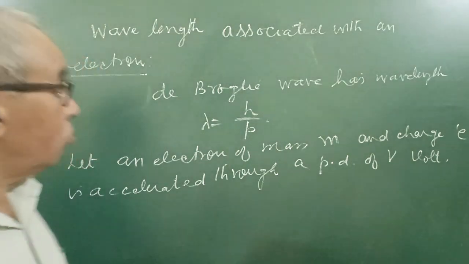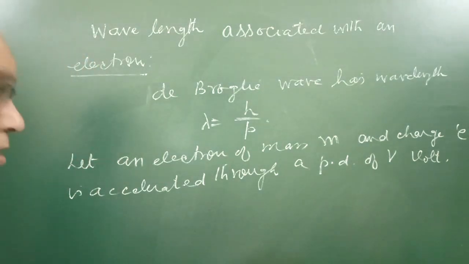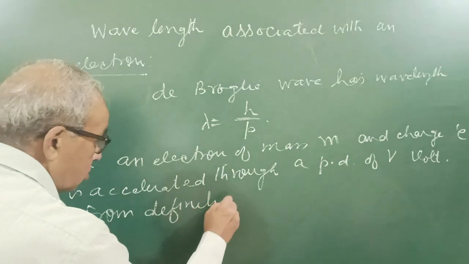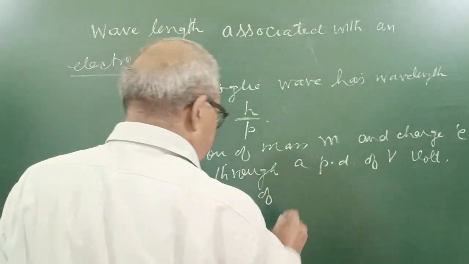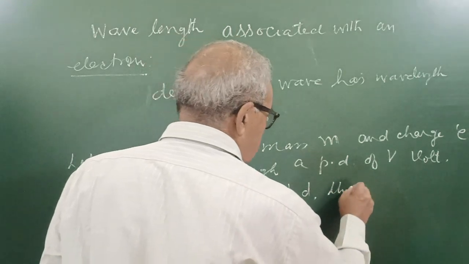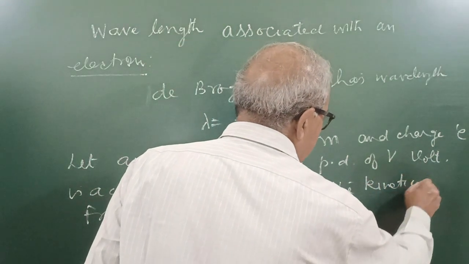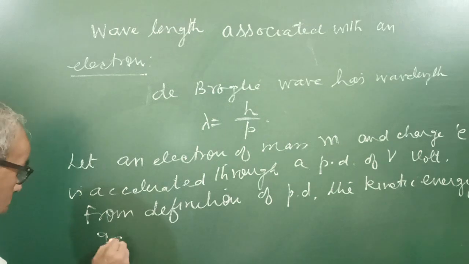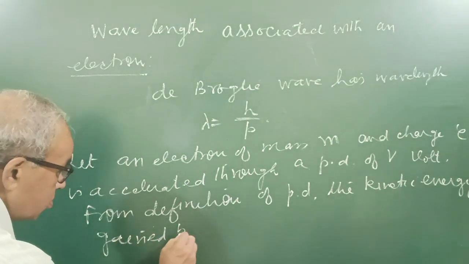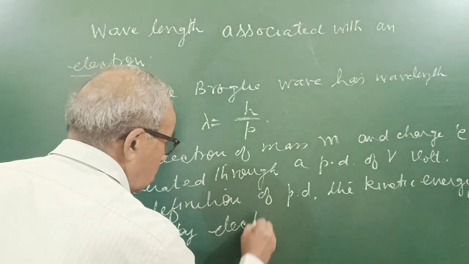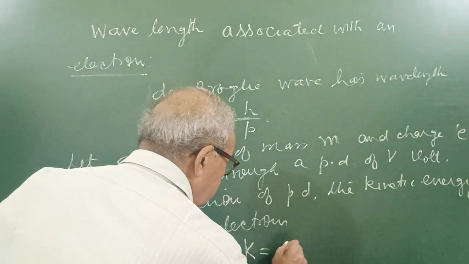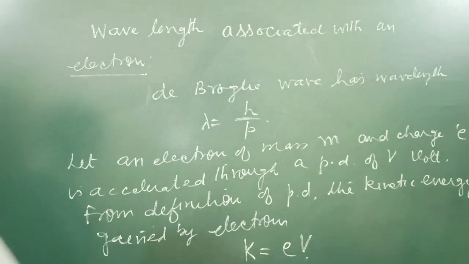From the definition of potential difference, the kinetic energy gained by the electron, I write only K for kinetic energy, is equal to eV. e is the magnitude of charge of the electron, V the potential difference.